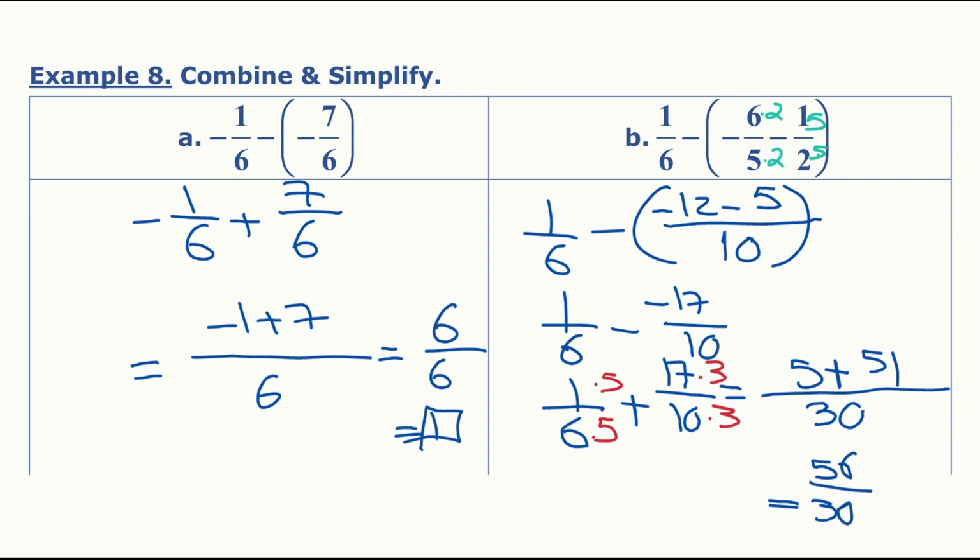And of course we can simplify that because we know at least 2 goes into both of them, and 2 goes into 56 28 times, and it goes into 30 15 times, and that should do it for us. Okay, there we go.